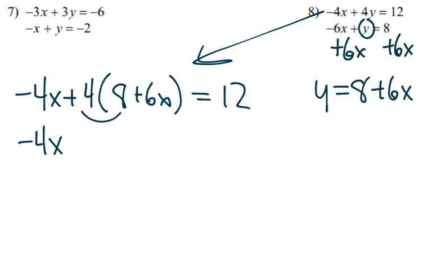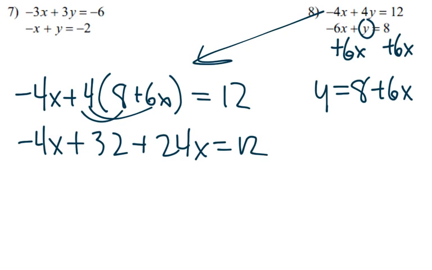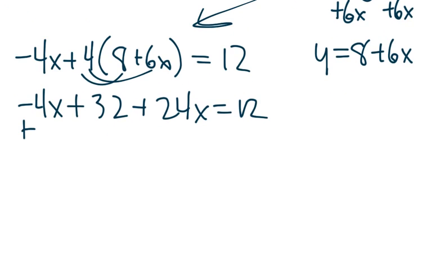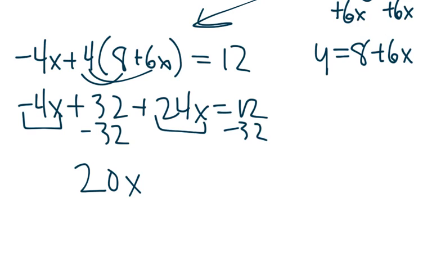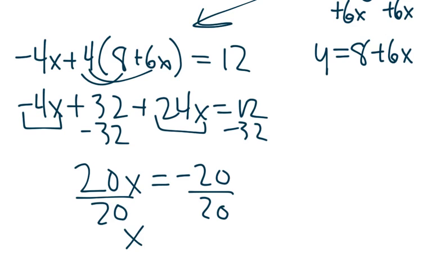So negative 4x, 4 times 8 is 32, plus 4 times 6 is 24x equals 12. The 4x and the 24x are on the same side, so we combine them to get 20x. Subtract 32. 12 minus 32 is negative 20. Divide by 20. We get x equals negative 1.